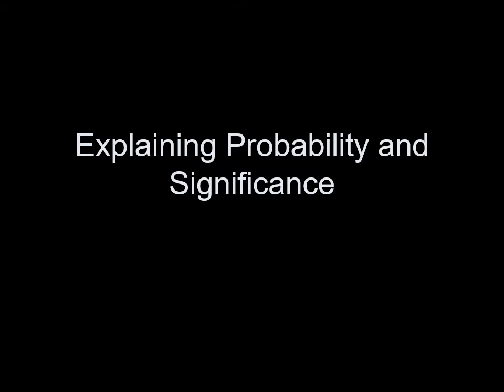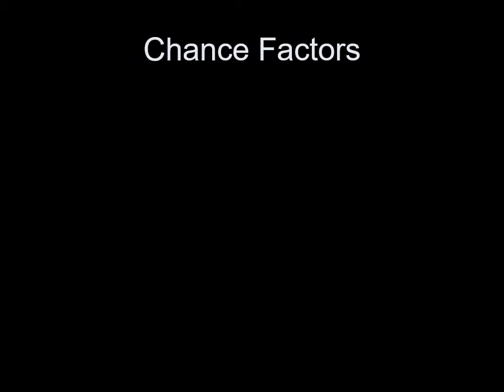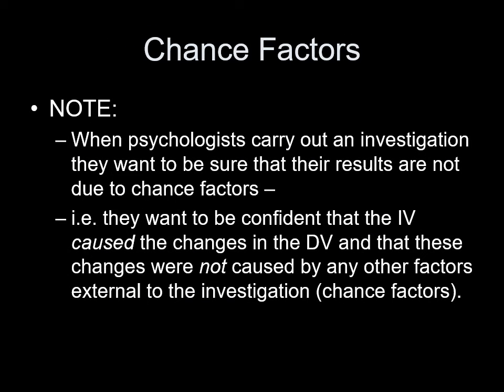So let's go into a bit more detail on probability and significance. The idea behind probability is all about the idea of chance. So when a psychologist carries out an investigation, they want to be sure that results are not due to chance factors. So they want to be completely sure that the IV is causing the changes in the DV rather than some other random thing, right?